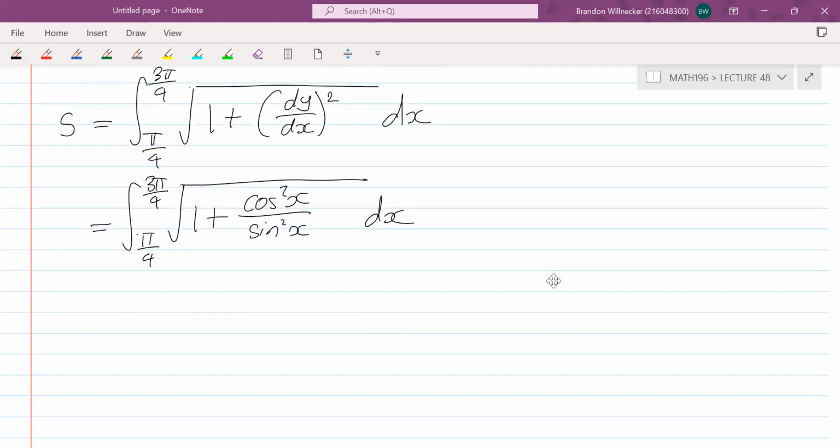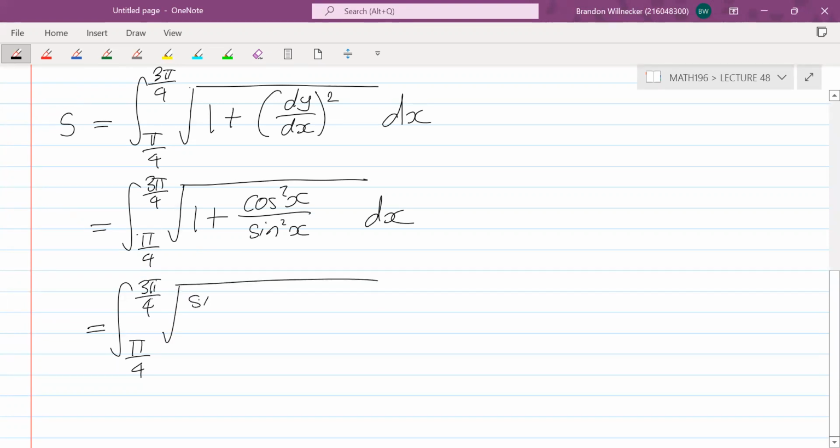Okay, so we can either write that as cotan, if you know the identity, or we could rewrite the 1 as sine squared over sine squared. So let's do that. So we have the integral from pi over 4 to 3 pi over 4, square root of sine squared x over sine squared x plus cos squared x over sine squared x, dx.